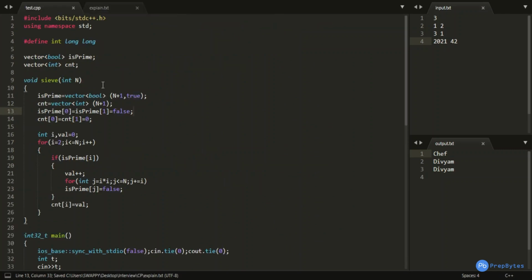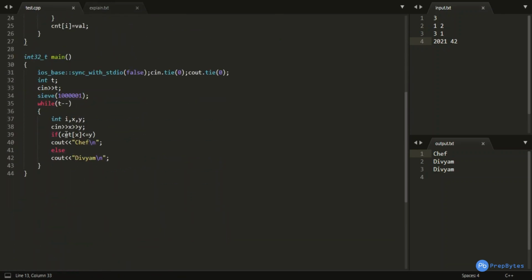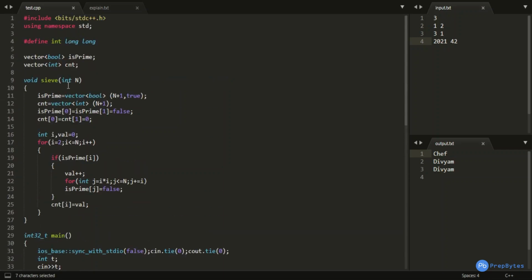Okay, so the C++ implementation is basically, as I said, that if the count of x is less than or equal to y, then Chef wins. Otherwise, Divyam wins. And how am I counting this particular count of x? I am first running this particular sieve function for 10 to the power 6. And what am I doing in this particular sieve function?